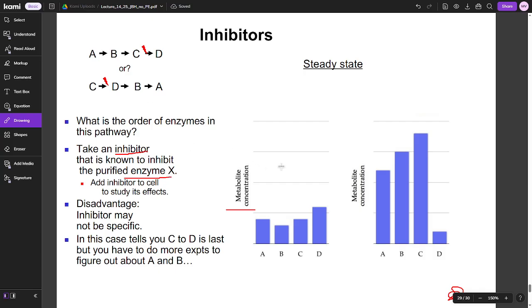And what happens is that you produce like 0 D, but you still have a bunch of buildup of A, B, and C. So what that tells you is that this enzyme that you just added this inhibitor for is probably turning something into D, right? And that is the very last step of the reaction, right?